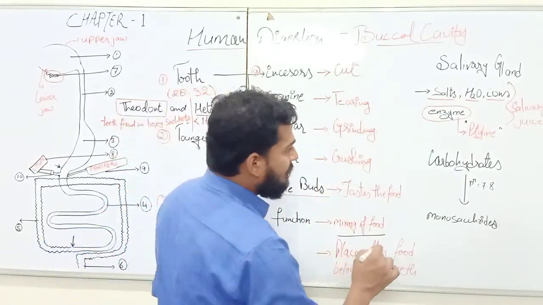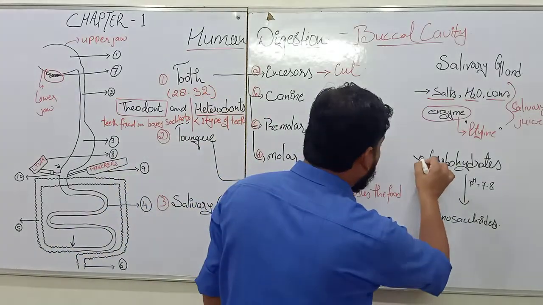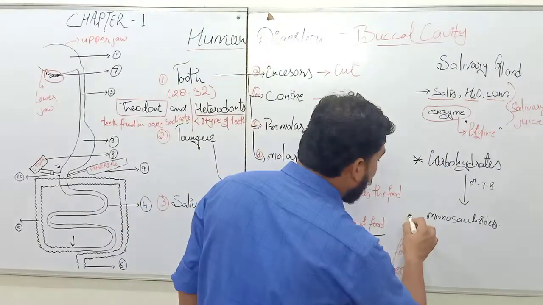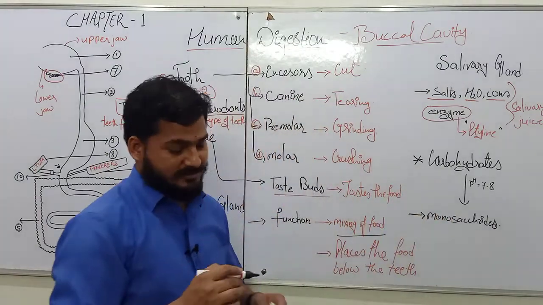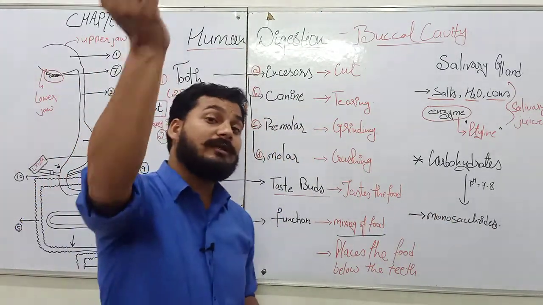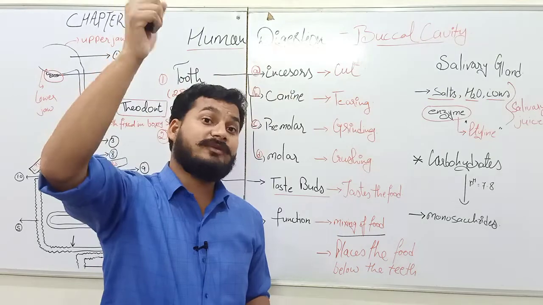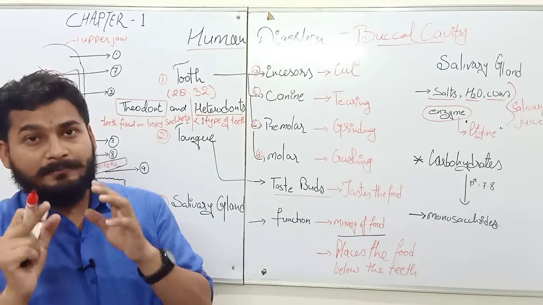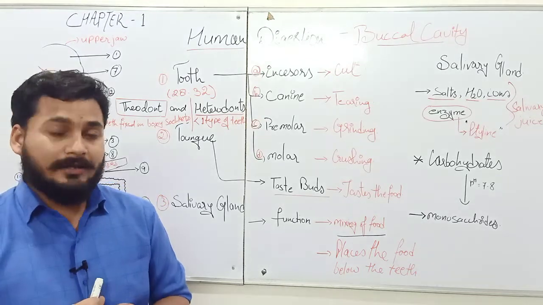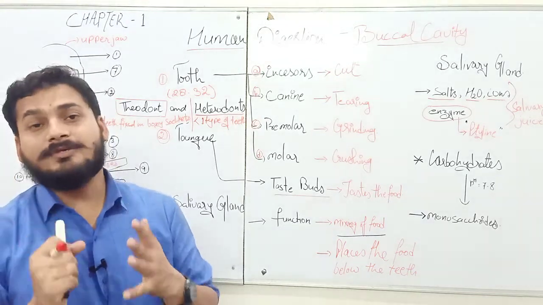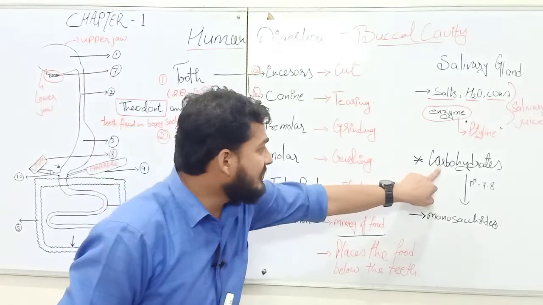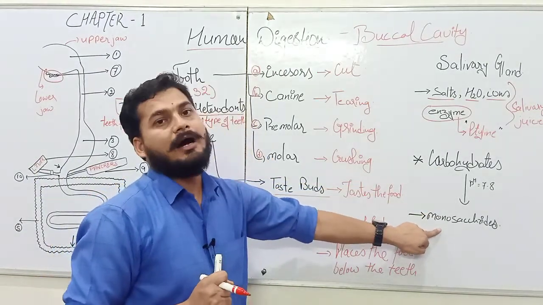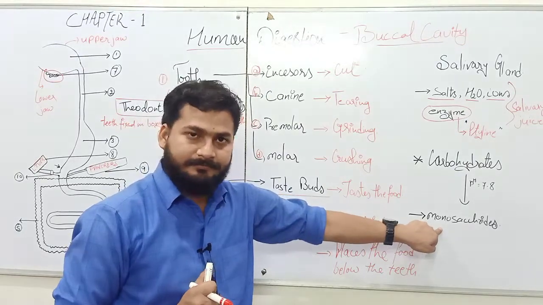This enzyme functions to break down carbohydrate present in the food into a simpler form, that is monosaccharide. Now come back to the topic of digestion, when we define digestion as breaking down of complex food material into simpler and absorbable form. So this is a complex food material which has been broken down into a simpler and absorbable part.